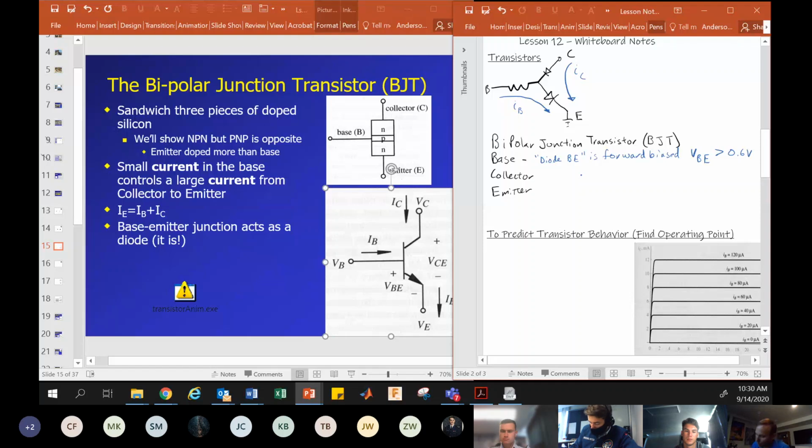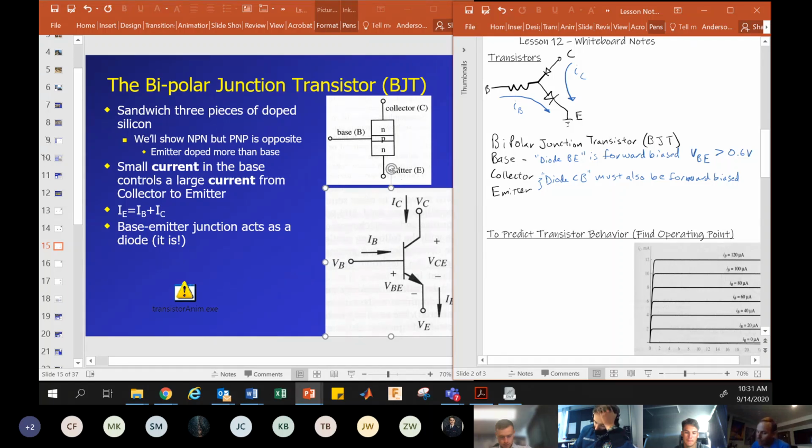Now, in order for this to work, the diode formed between C and B must also be forward biased. It's what we would call a necessary condition, but not a sufficient condition.